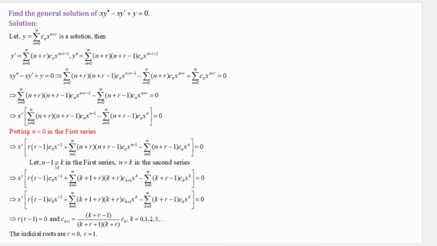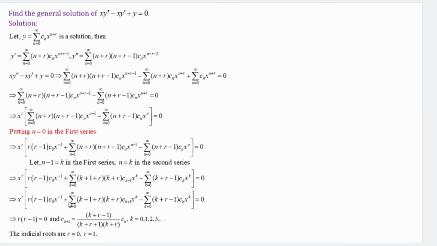So when n equal to 1, k starts from 0, and here n starts from 0 means k also starts from 0 because n equal to k. So now we get this one same as before. Here k starts from 0 to infinity, we put n equal to k plus 1. Here we put n equal to k.